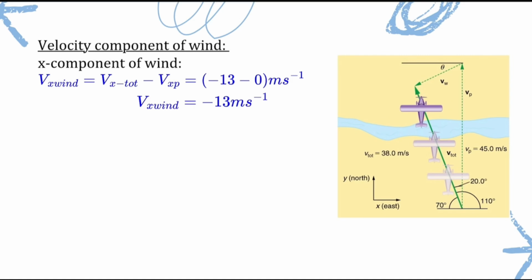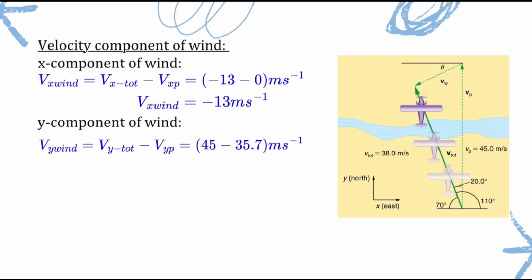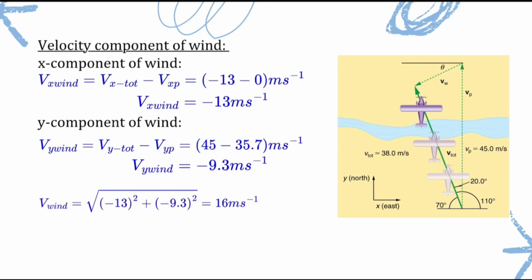For the y component of the wind, it equals the y component of v total minus the y component of Vp, which is 45 minus 35.7, and the final answer for the y component of the velocity of wind is negative 9.3 meters per second. To get the magnitude of the velocity of wind, we simply use the square root of x squared plus y squared, which gives 16 meters per second.